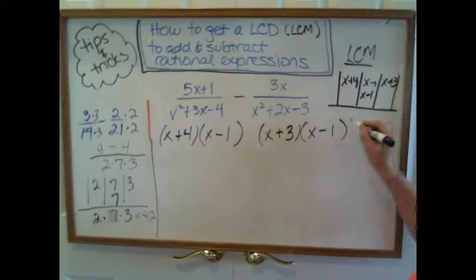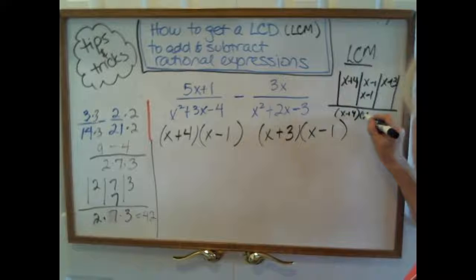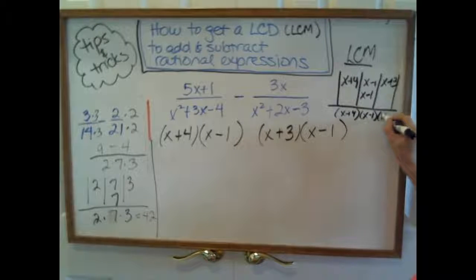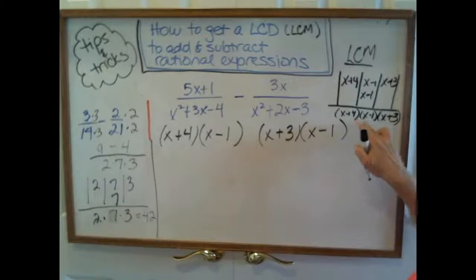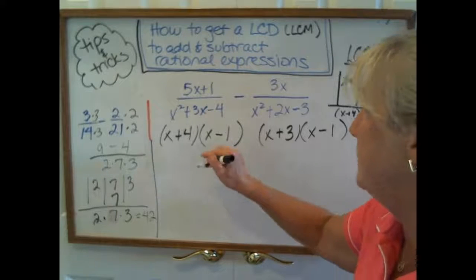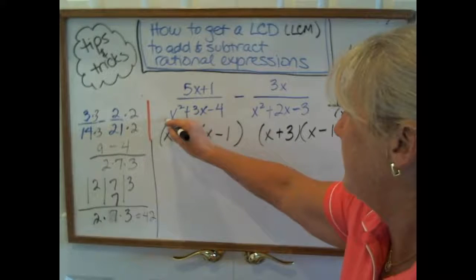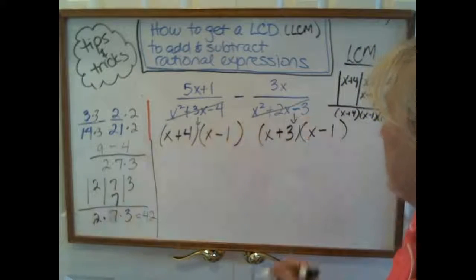Our whole lowest common denominator would be x plus 4 times x minus 1 times x plus 3. That means each one of these is going to have a denominator that is that.